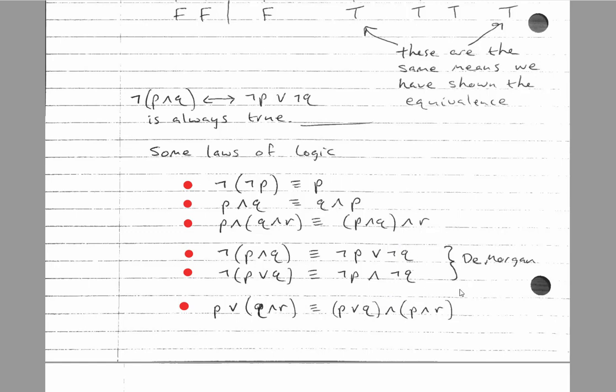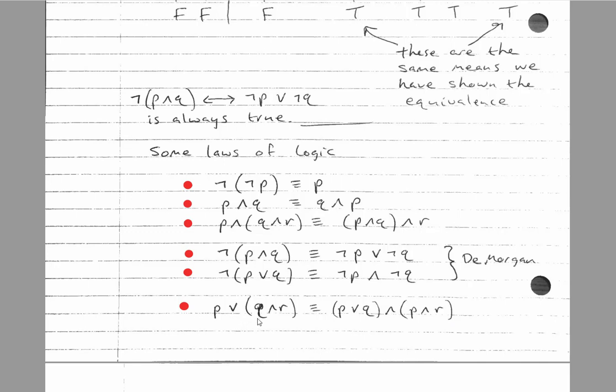So those are called De Morgan's laws. And we also have a distributive type law. So P or (Q and R) is equivalent to (P or Q) and (P or R).